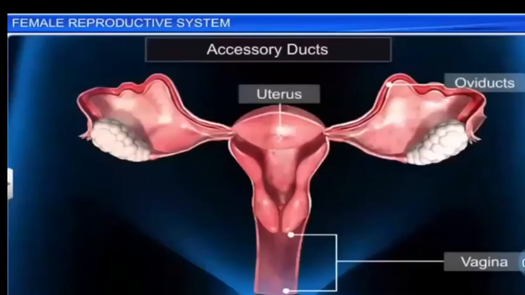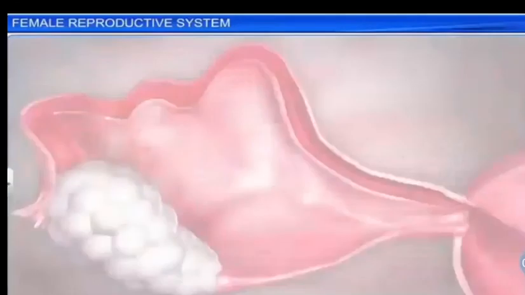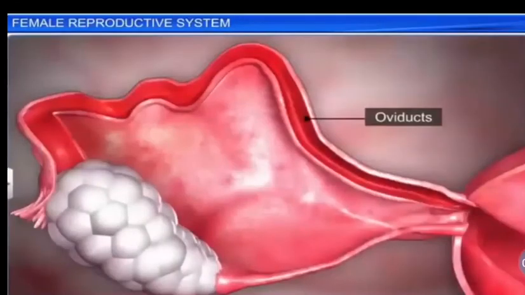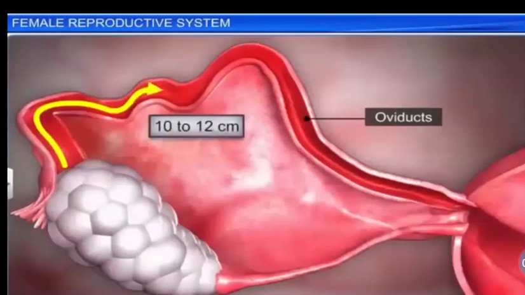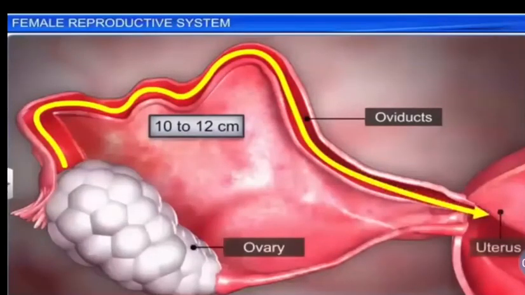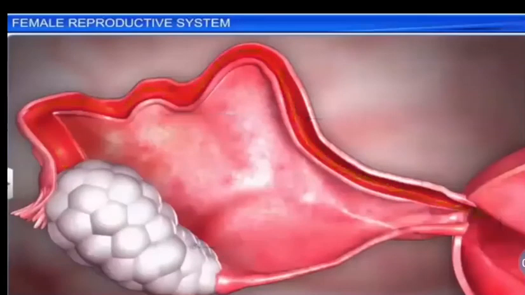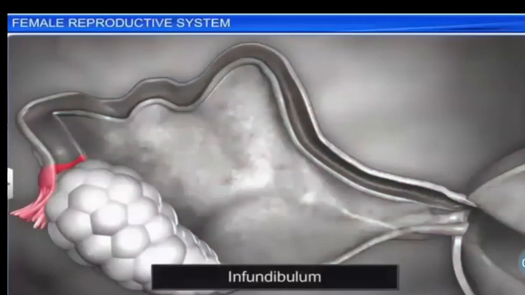The pair of oviducts, or fallopian tubes, is about 10 to 12 cm long and extends from the periphery of each ovary to reach the uterus. Each oviduct is differentiated into three parts, namely infundibulum, ampulla, and isthmus.